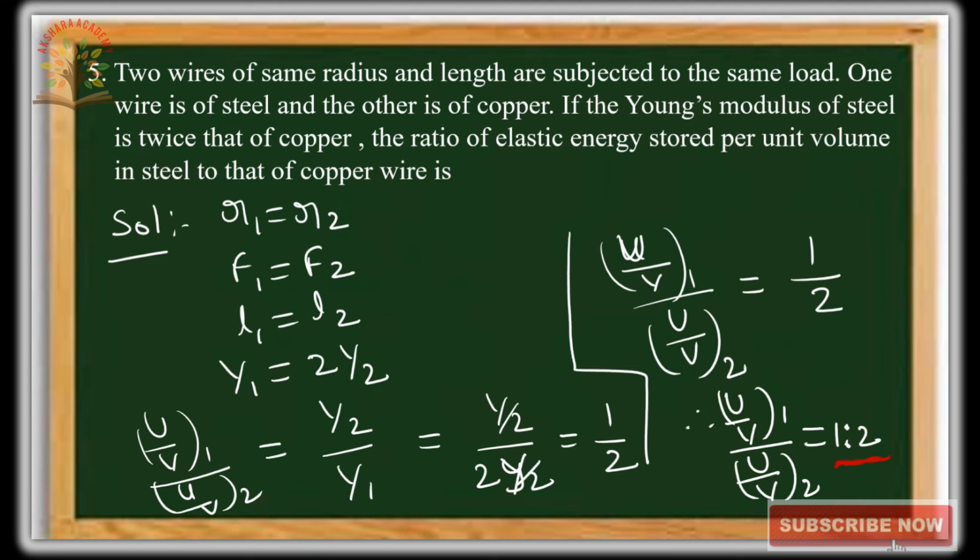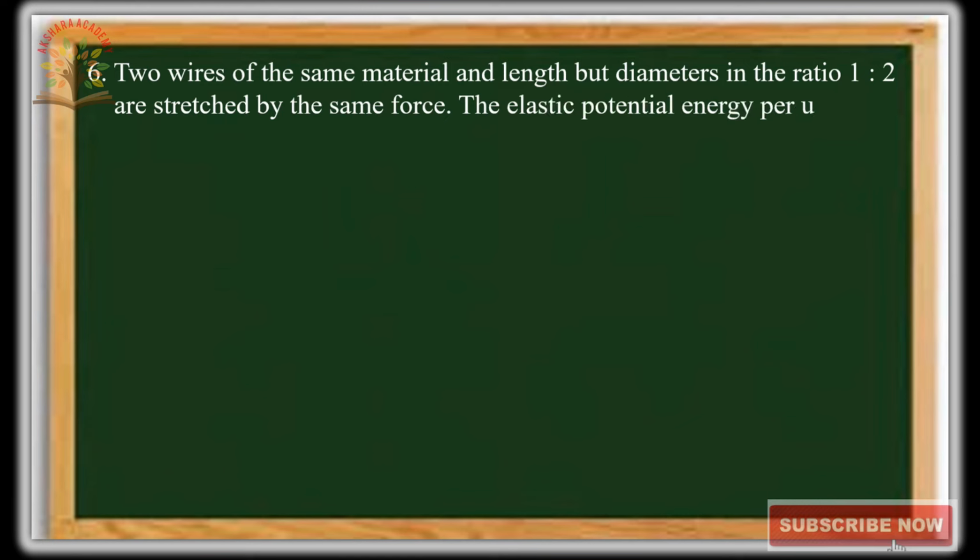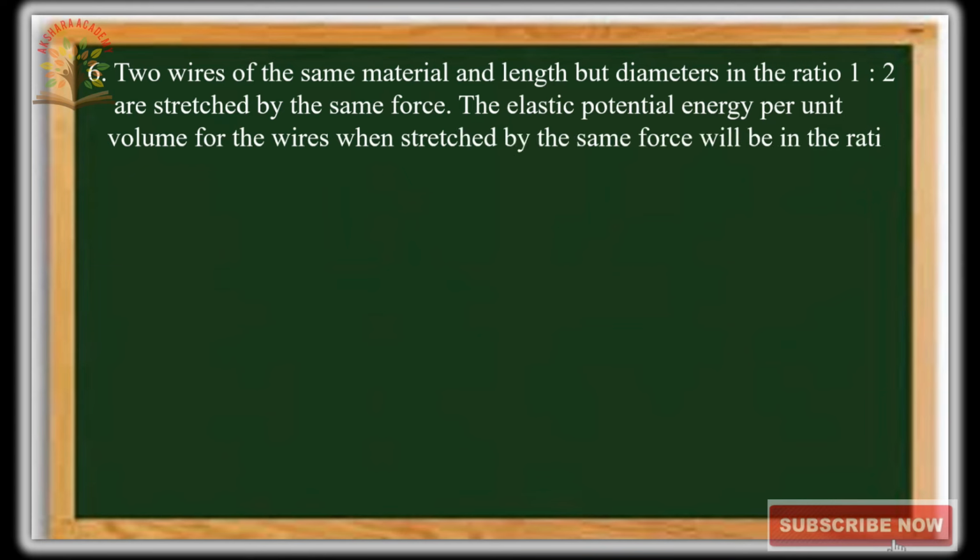Okay. Next, go to the next question, that is the sixth question. Two wires of same material and length but diameters in the ratio 1:2 are stretched by the same force. The elastic potential energy per unit volume for the wires when stretched by the same force will be in the ratio.